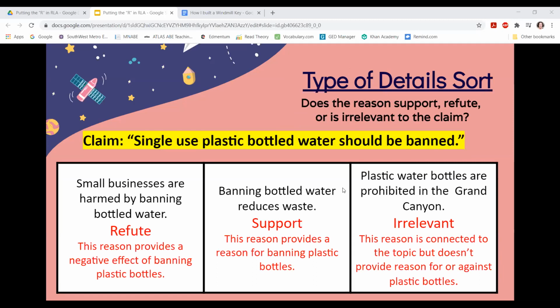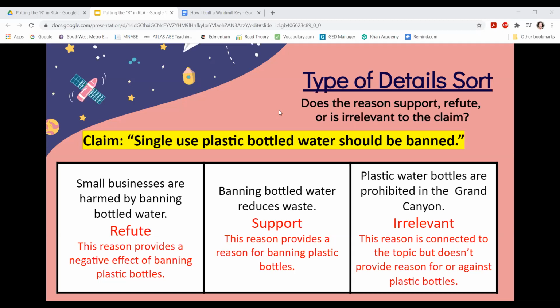Again, the purpose of this activity is not necessarily to match exactly what the teacher prepared, because there are times where a person could make an argument that a piece of evidence is supporting or refuting, okay? And so the value is in having students have that discussion and explain their thinking, more so than matching a straight right or wrong answer.